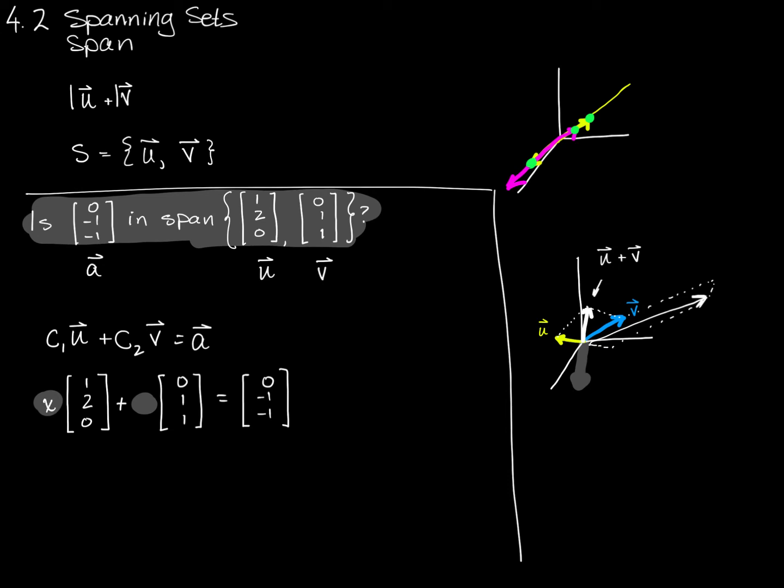Well, why don't we call them x1 and x2? And then what we have is a system of equations. x1 plus 0x2 equals 0, 2x1 plus 1x2 equals -1, and 0x1 plus x2 equals -1.